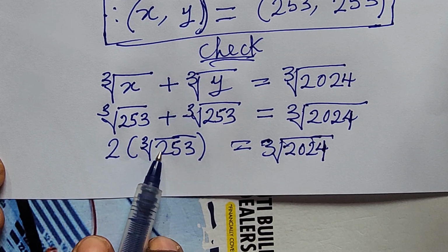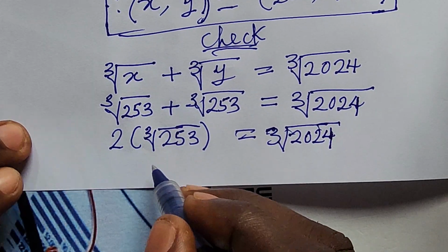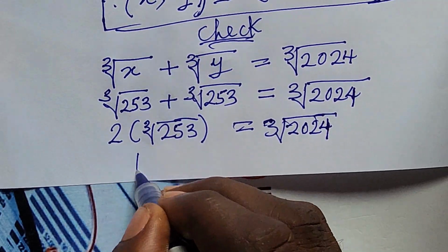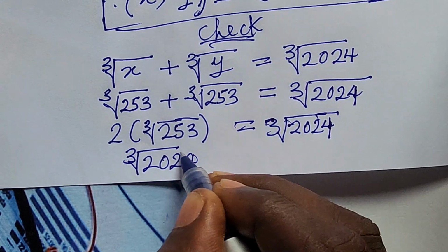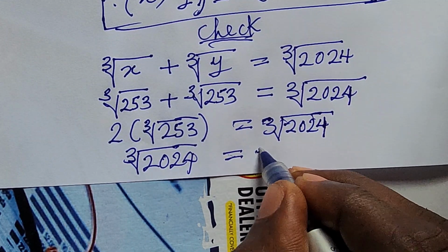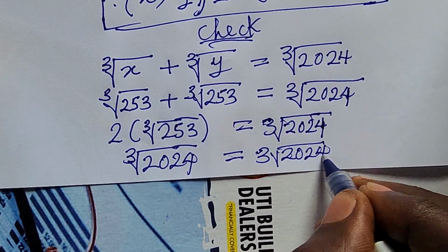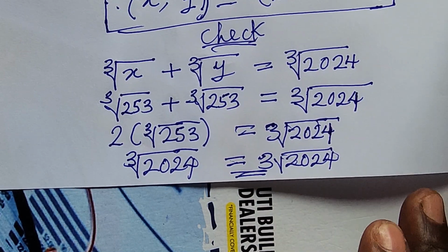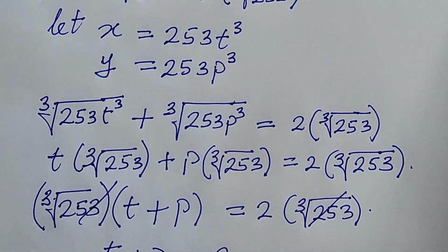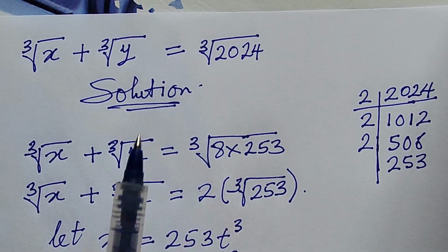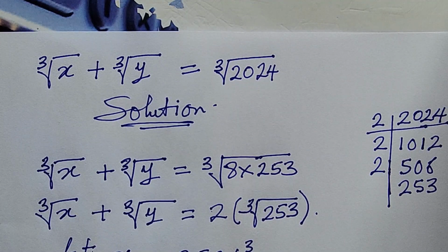Remember? And 8 times 253 will give us 2024. So automatically, we're going to have the cube root of 2024 is equal to the cube root of 2024. So this shows that this satisfies the original equation here. All right. So thank you for being there. Bye for now.